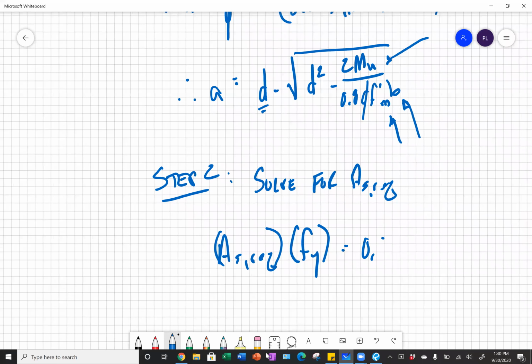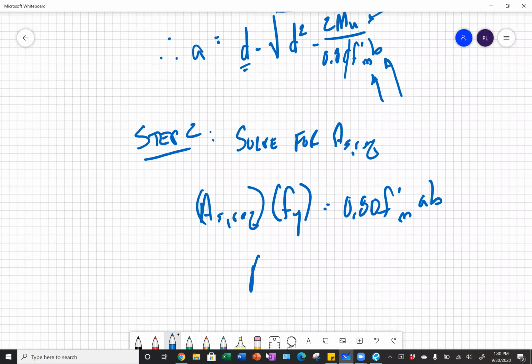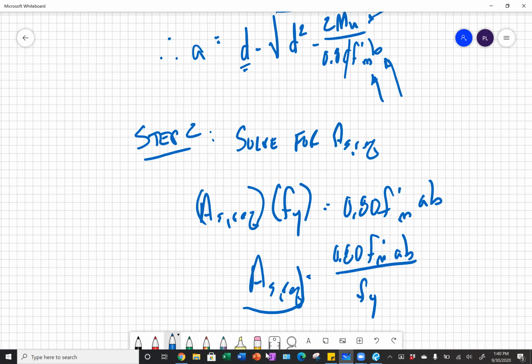We can set that equal to 0.80 f'm times A times b, which is our masonry compressive force. And so As required would then be equal to 0.80 times f'm times A times b divided by our yield stress. And once we know our required area of steel, we can select a bar size that is greater than that.